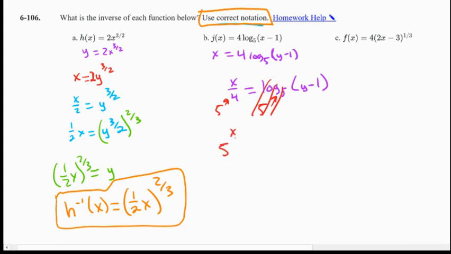So I got 5 to the power of x over 4 equals y minus 1. And I'm going to add 1 to both sides. So I got 5 to the power of x over 4 plus 1. And again, as far as correct notation goes, j to the power of -1 of x equals 5 to the power of x over 4 plus 1.